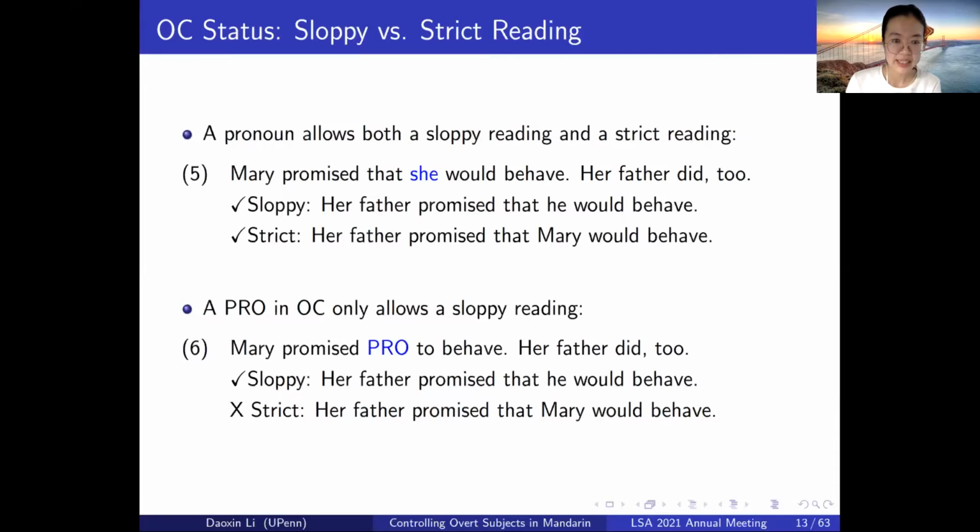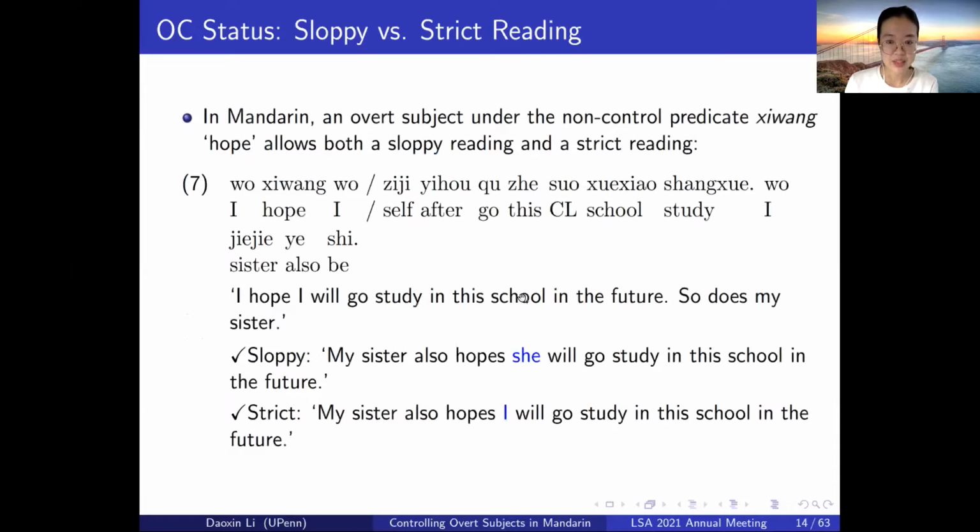And now in Mandarin, for a non-control verb, hope, the overt subject allows both readings. So in I hope I or self after go this school study, my sister too, it can mean my sister also hopes she or I will go study in this school.